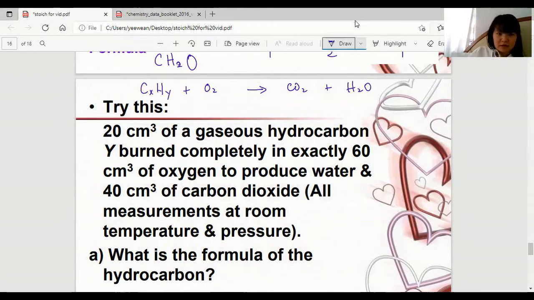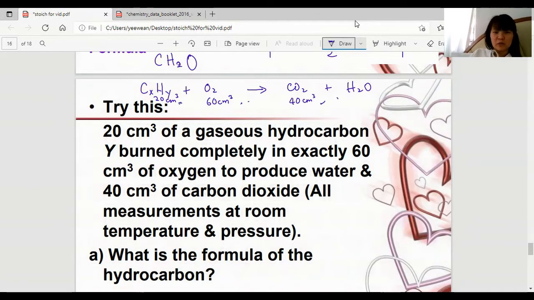So 20 of that, and it produced 40 of this, completely burned in exactly this much. Now they're all in volumes. Let's get it in moles first, in mole ratio at least. We know that volumes are going to be divided by 22.7. So all of this is going to be divided by 22.7. Or if you're using 24, all of this is going to be divided by 24.